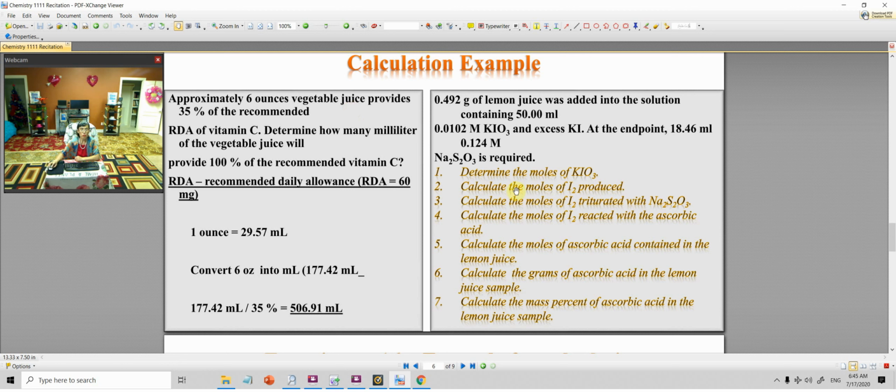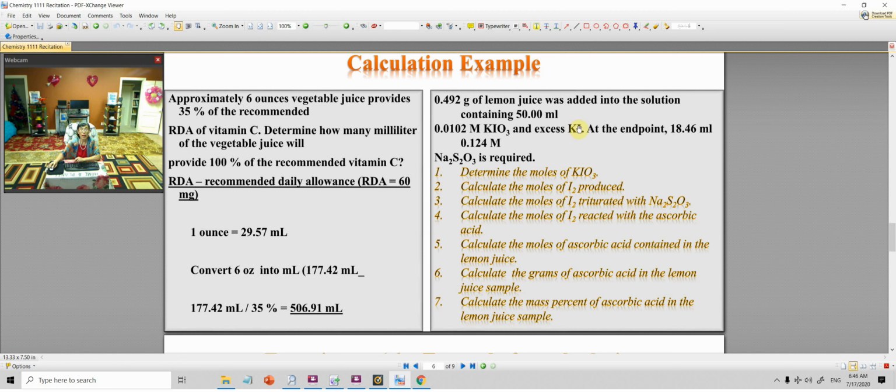So I have shown you several different steps. If you have 4.92 grams of lemon juice, it is added into a solution composed of 50 milliliters of potassium iodate. This potassium iodate primary standard has 0.0102 moles per liter. And also you have excess potassium iodide.